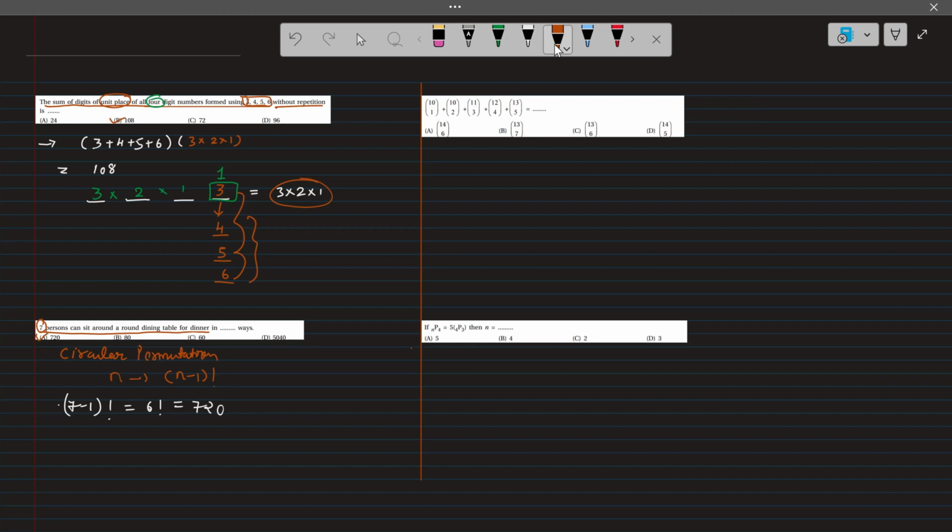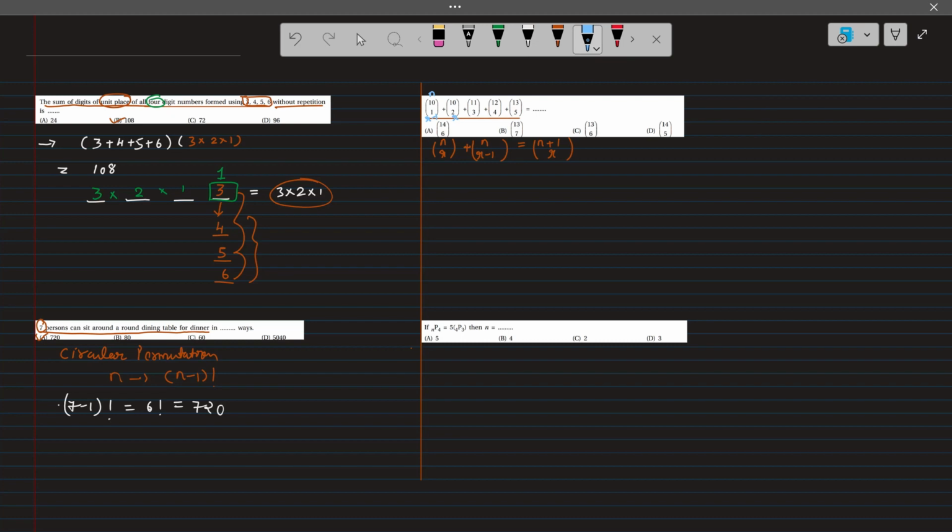We have to find the value of 10C1 plus 10C2 plus 11C3 plus 12C4 plus 13C5. One important property is used here, and that is nCr plus nCr minus 1 is equal to n plus 1 Cr. If we closely look at our question, n becomes 10, r minus 1 becomes 1, and r becomes 2.